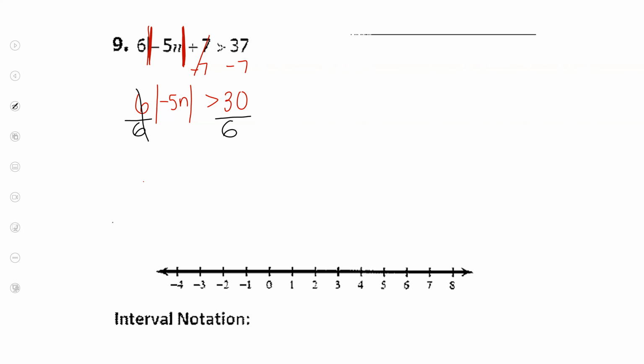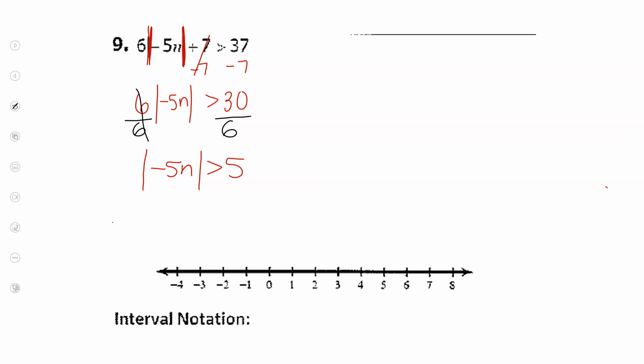So I have the absolute value of negative 5n is greater than 5. We got 5 because 30 divided by 6 is 5. Now my absolute value is isolated. There's nothing outside of those bars. Okay, so that means we can move on to step 2.